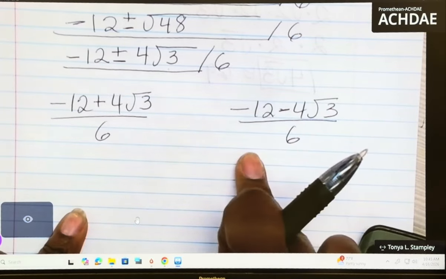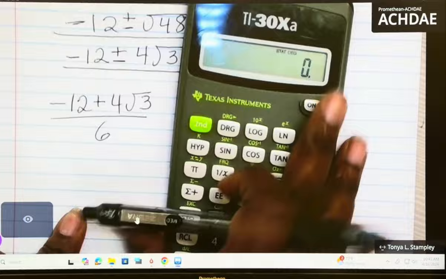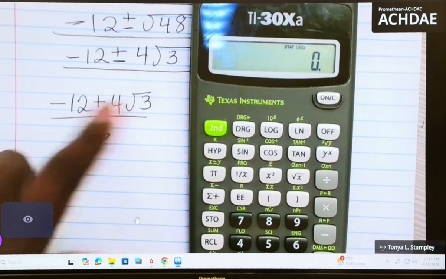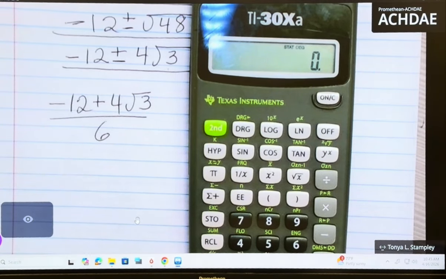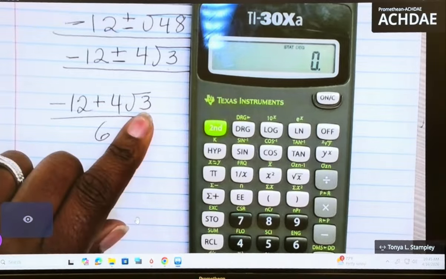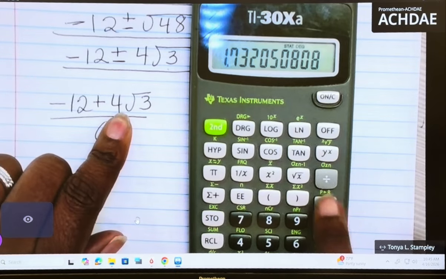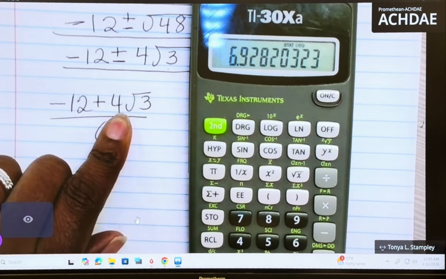Y'all with me? If they don't give it to you in radical form, let's grab our calculators. Tell me what to put in the calculator first. Remember, you do the whole numerator first, and then you divide by the denominator. 3, then what? Square root, and then what? Times 4 equals, and then what?